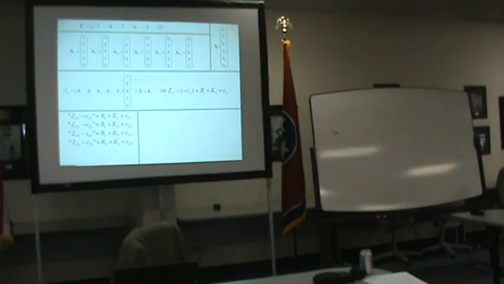Then the second row, 2, 1, then you get R2 plus K1 plus C21. And then 2, 2, second row, 2, 1, 2, 2, and then you get R2 plus K2 plus C22. And for the last one, Z23 minus C23 will be R2 plus K3 plus C23.